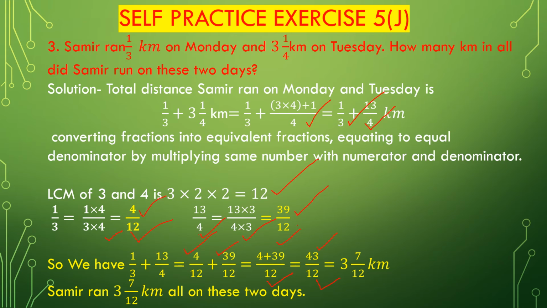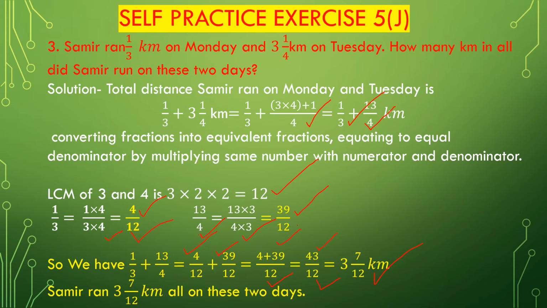The mixed fraction is the quotient, then remainder divided by divisor. So quotient is 3, remainder is 7, divisor is 12. So 43 divided by 12 is equal to 3, 7 divided by 12 kilometer.